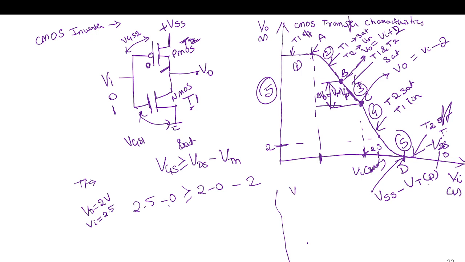For PMOS, VGS should be less than or equal to VGS minus VTP. I think, is this condition correct? So this will be in the saturation region, right?